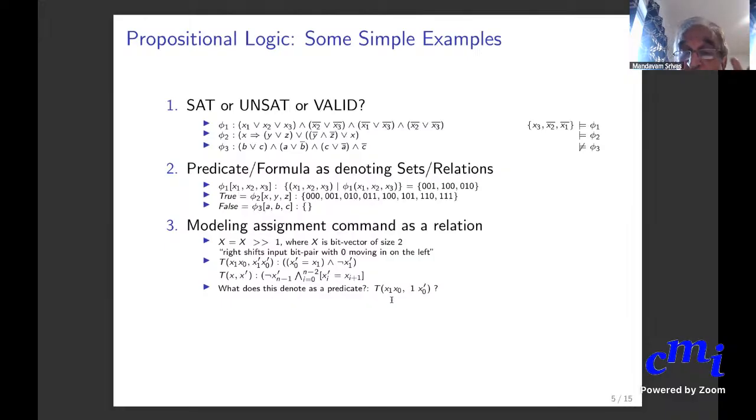Let's suppose that I had defined T as left shift, with zero moving in. For the moment, I'm sure we can change T for that. Then what would this predicate denote? Anybody?